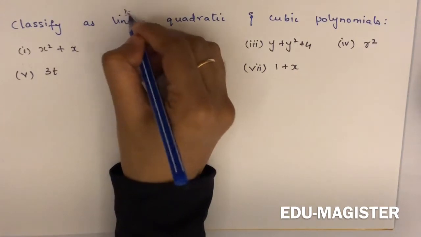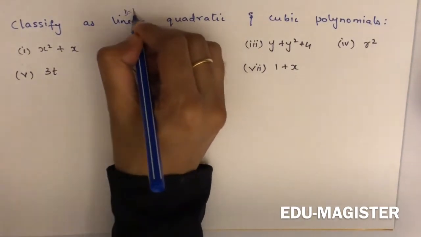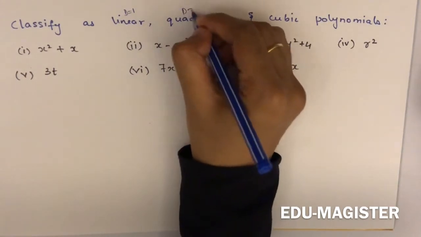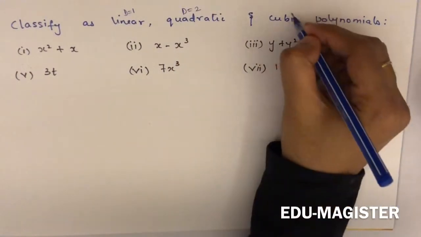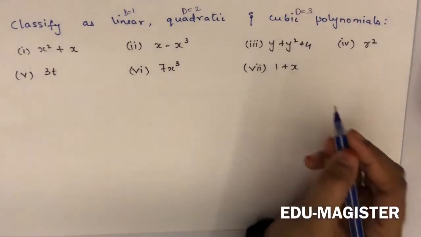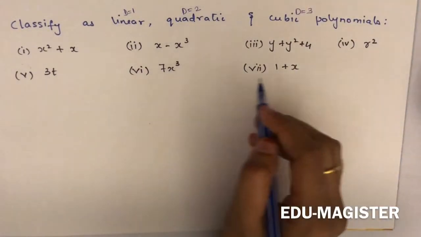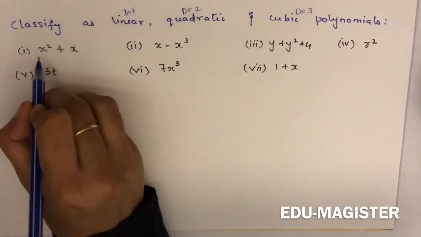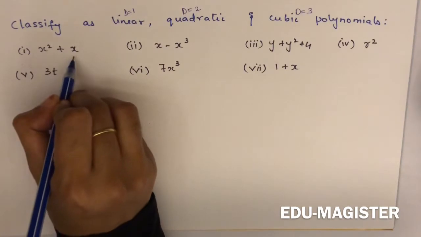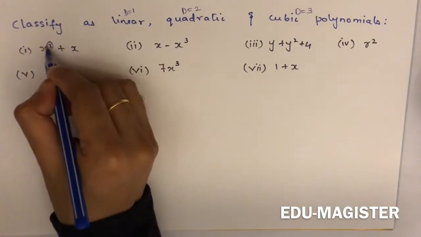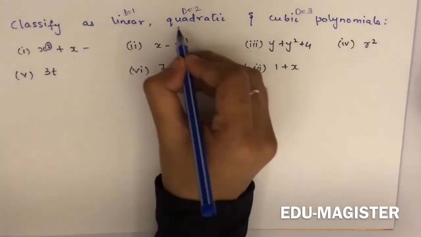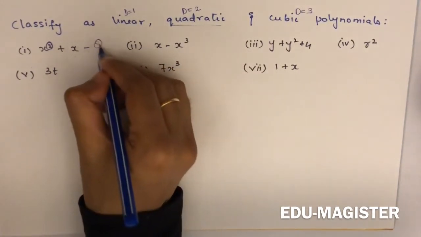A quadratic polynomial is a polynomial with degree 2, and a cubic polynomial is a polynomial with degree 3. With this knowledge, let's classify the polynomials. Here in the first question, the degree of this polynomial is 2 because the highest power is 2. So this is a quadratic polynomial. I am naming it as Q.